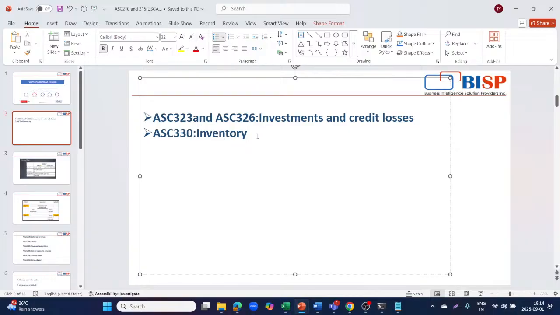Here we'll see two things in the equity method under Accounting Standard Codification 323. First we'll see what the equity method is, second we'll see equity method accounting.